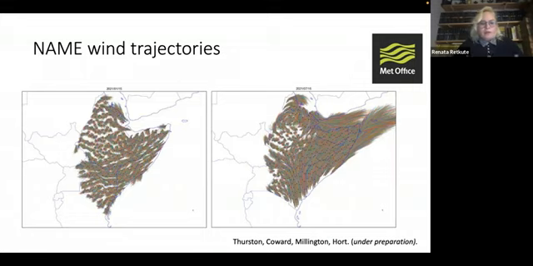Will provided me with 1,000 individual trajectories. That's what is exciting about our application of NAME trajectories: we have individual trajectories where particles could move from a certain point. I have a grid of 10 by 10 kilometers with 1,000 individual realizations of trajectories.